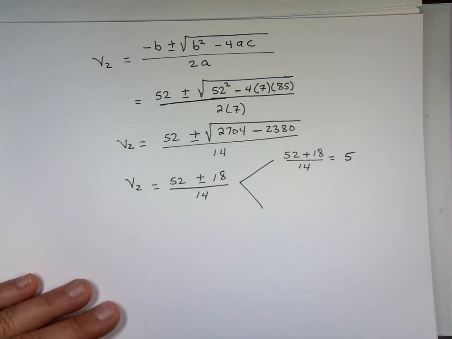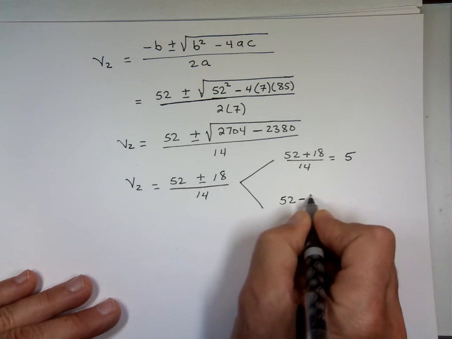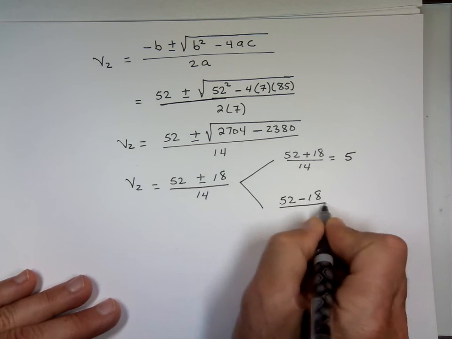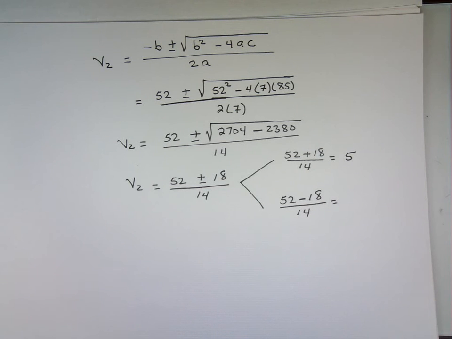And the other solution is what? 52 minus the 18 over 14. Which is 2.43.